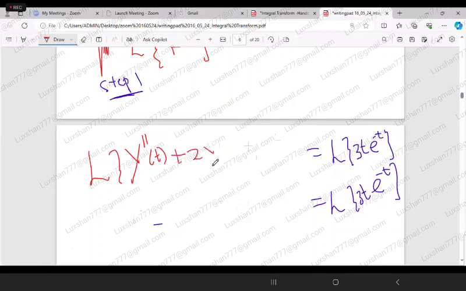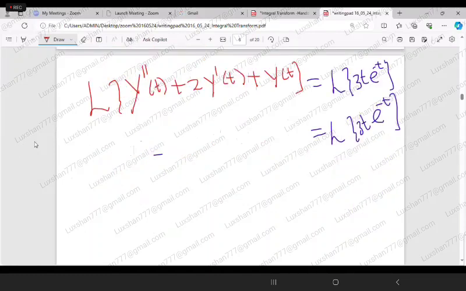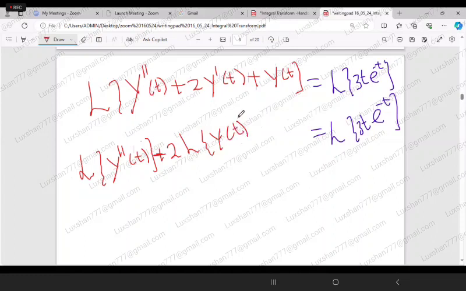Plus 2 capital Y dash t plus capital Y(t) equal to: Laplace transform of capital Y double dash t plus 2 times Laplace transform of capital Y dash t plus Laplace transform of capital Y(t).